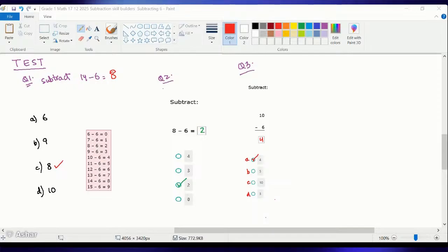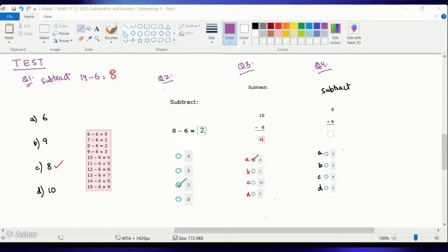The next question says subtract 9 minus 6, and the options are A, B, C, and D. Question number 4. So what should be the answer?